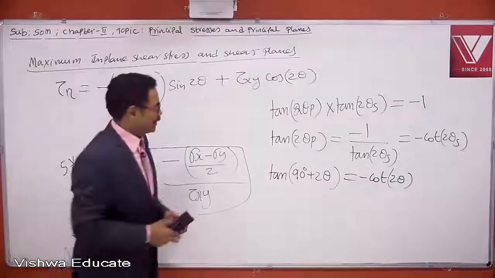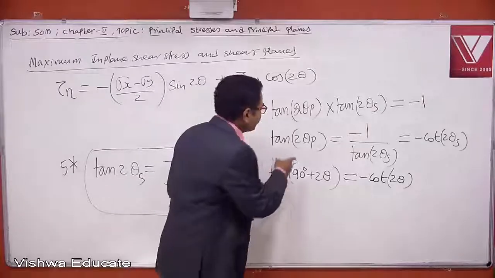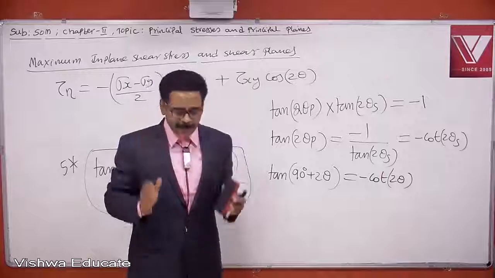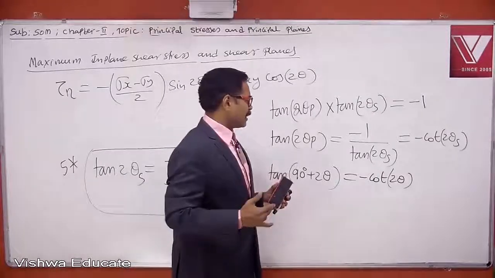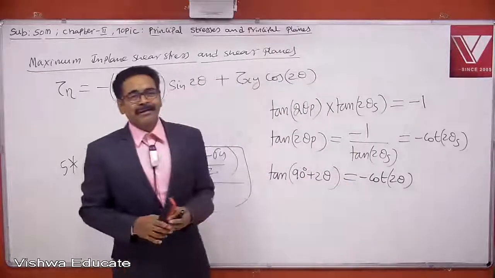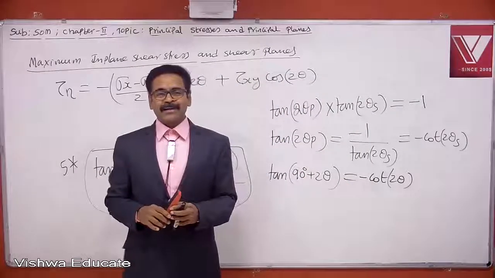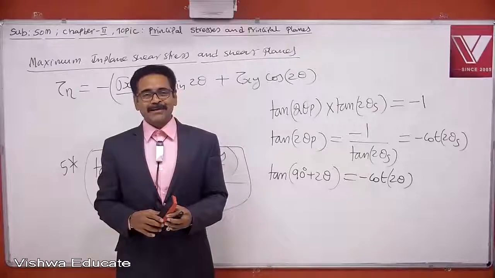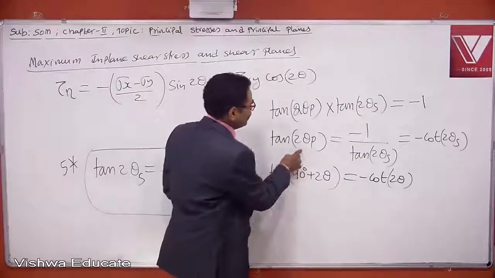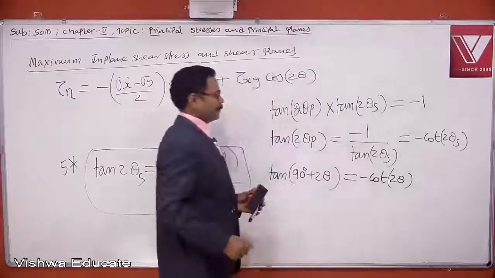So what is your understanding? When you add 90 degrees to tan, tan becomes minus cot. That means what? What is the phase difference between 2 theta p and 2 theta s?